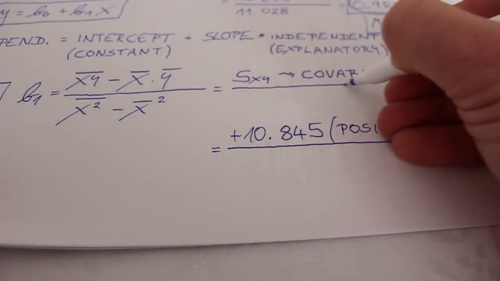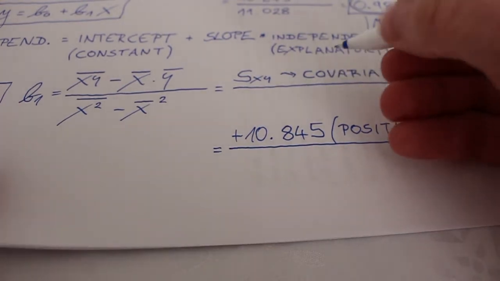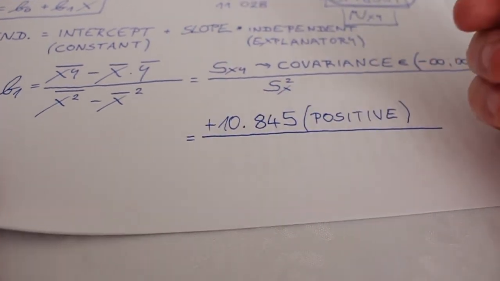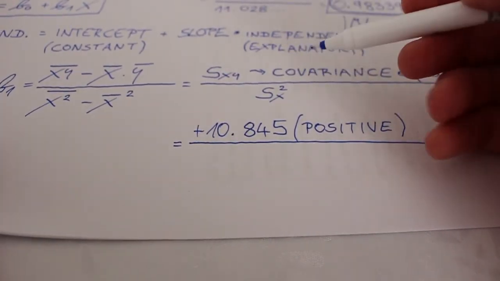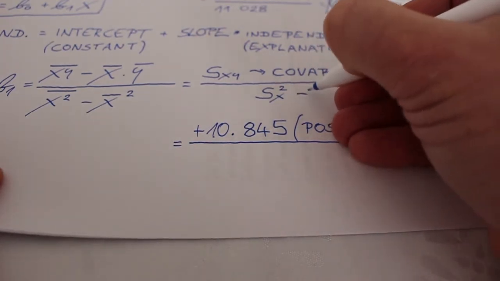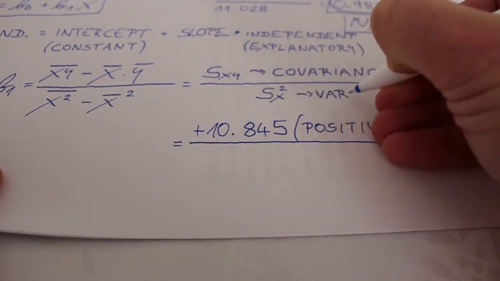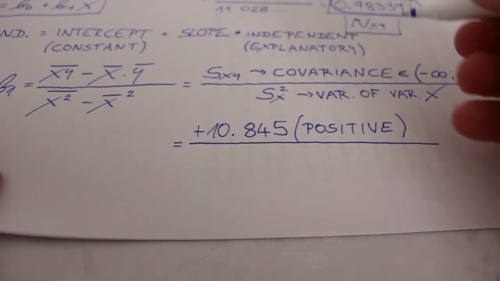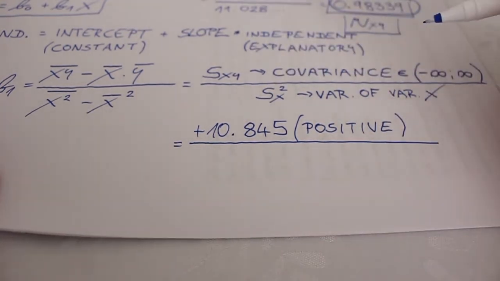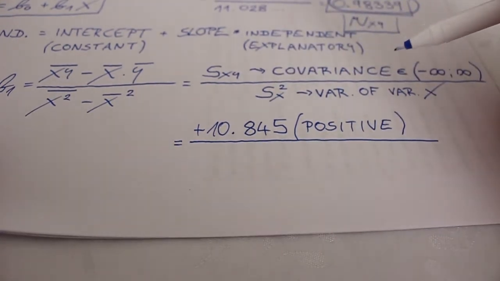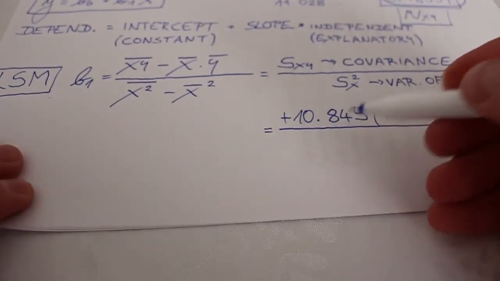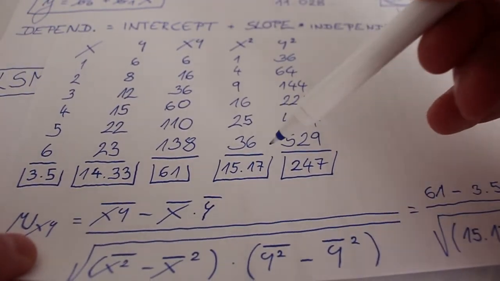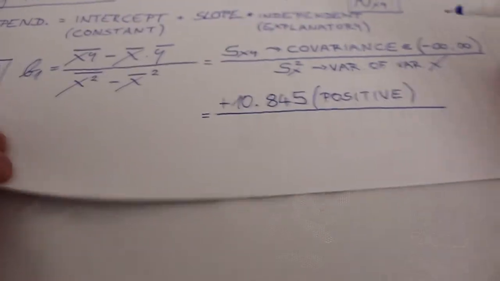In the denominator of the formula you can see variance of variable x, and variance is a non-negative value every time. In our situation, where is our data set? 15.17 minus 3.5 squared.